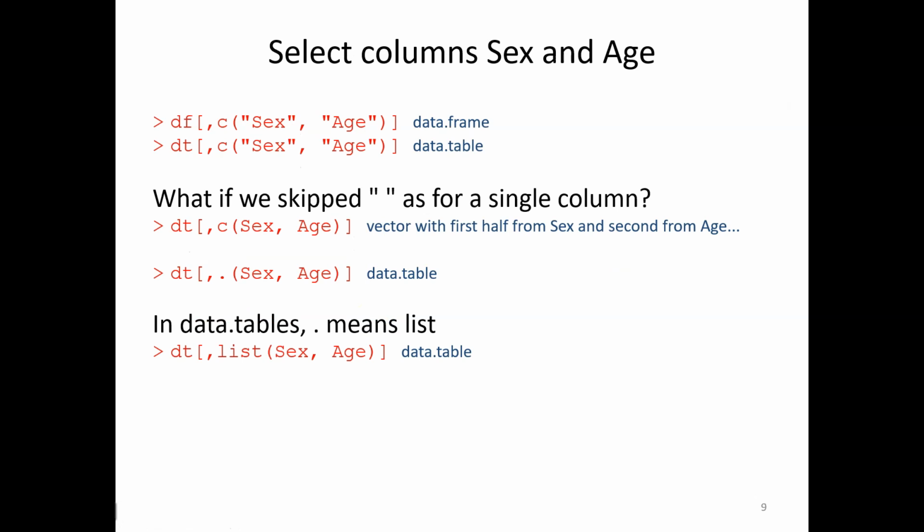So if you want to select more than one column, for example the columns sex and age, you obviously can use the bracket version, df bracket all rows, comma, and then a vector using c, concatenate or combine, and then you write sex and age within quotation marks to get a character mode vector with 2 elements, each one corresponding to a column, and what you get in return is a data frame with these 2 columns.